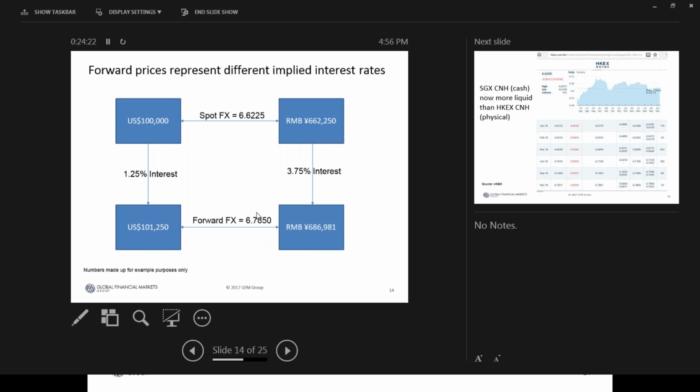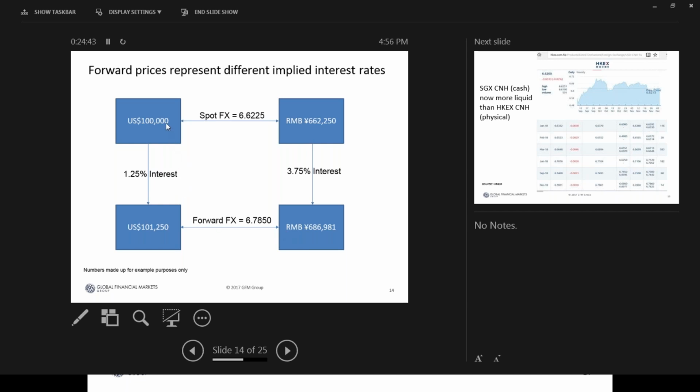The way of thinking about it is that you effectively have two choices at the beginning. If I have US dollars, I can either buy my renminbi forward and then keep my money in US dollars and earn US dollar interest. And when I do that, I'm going to buy my renminbi at a cheaper price. I'm going to get more renminbi for the dollars by doing that.